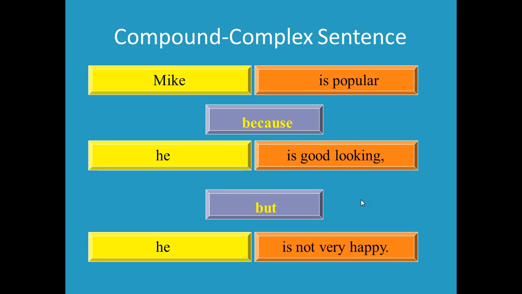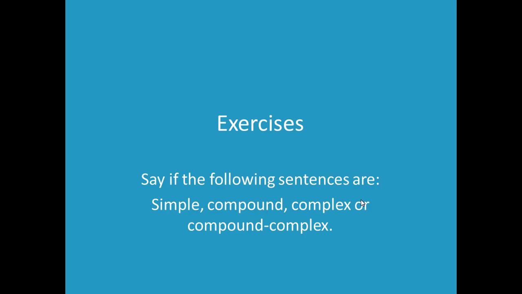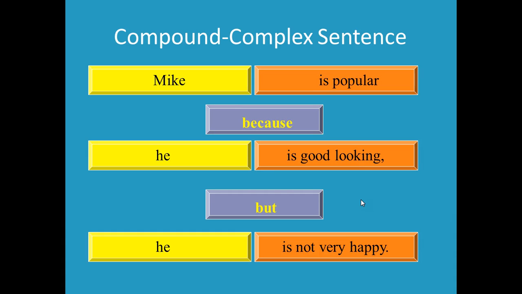Alright, here's another formula. Mike is popular because he is good looking, but he is not very happy. What do you see here? Do you see in the first, Mike is popular? What do you see? You see a simple sentence or an independent clause. Below that you have because, a subordinating conjunction.